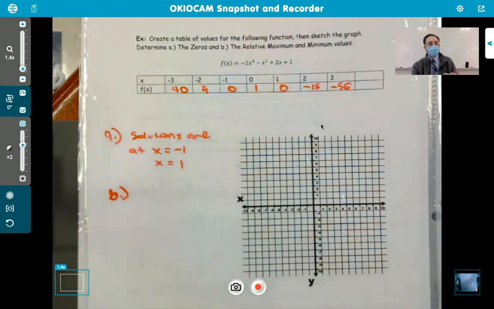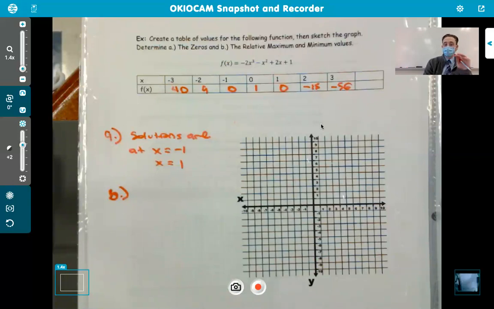How are you able to determine that? I know it's maybe tough to explain in words, but what do you think? Because at x equals -1, the y value before it is bigger and the y value next to it is bigger too.